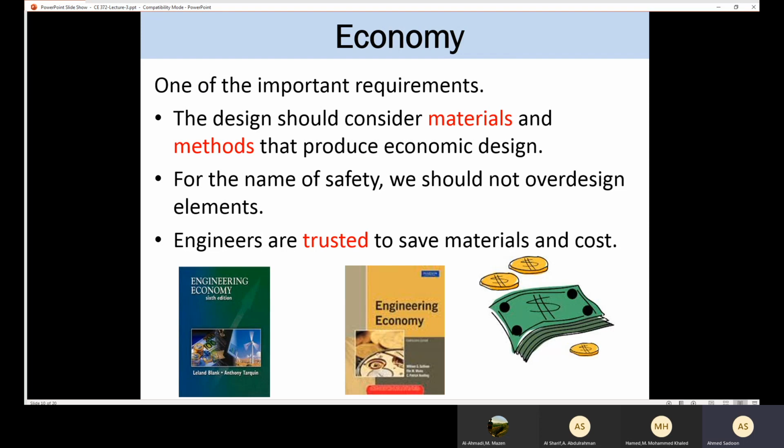The good engineer should design the solution with a good level of safety, but also with a reasonable amount of money. You should not take a lot of money from the owners in the name of safety. Your project or your solution should be safe and also should be economical. So a good engineer should do that.